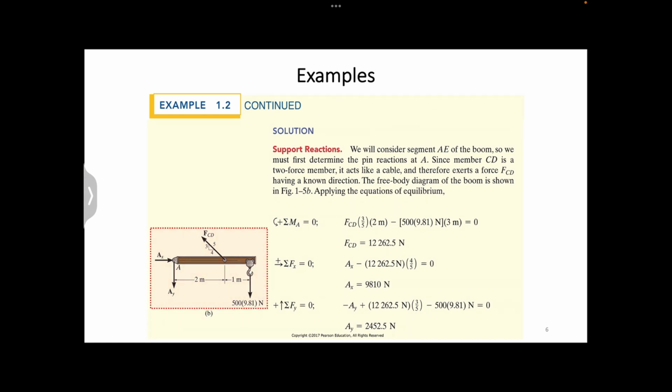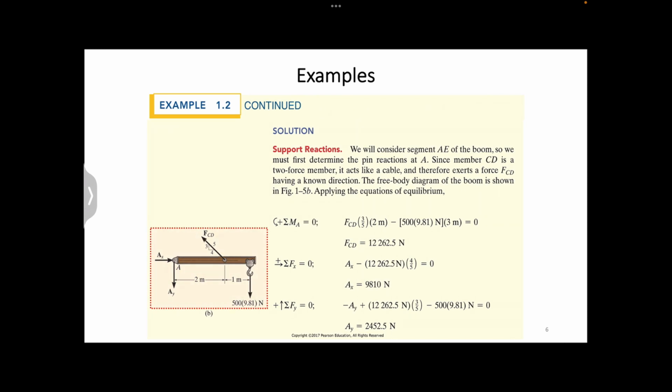Here is a free body diagram for the entire boom. As the support at A is the pin support, the reactive force can be developed in both X and Y direction. Since the member CD is a two-force member, the force exerted by it onto the boom is oriented along its direction.